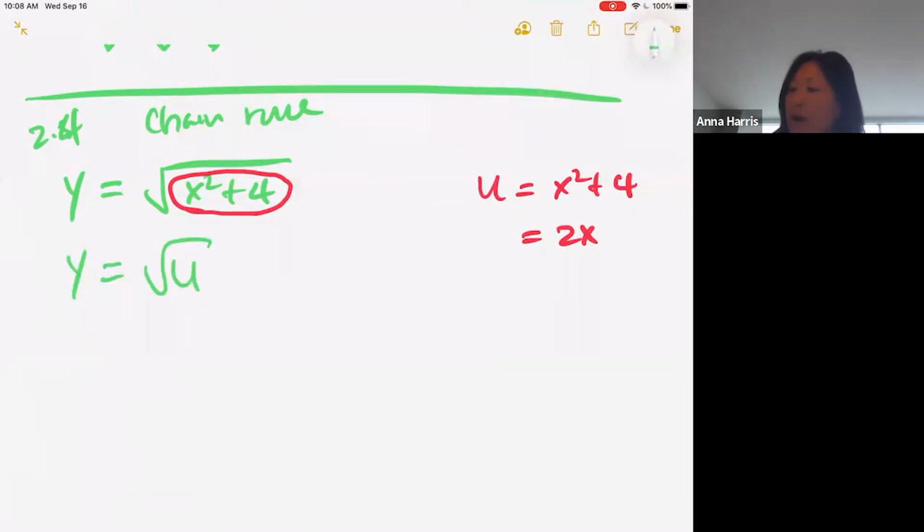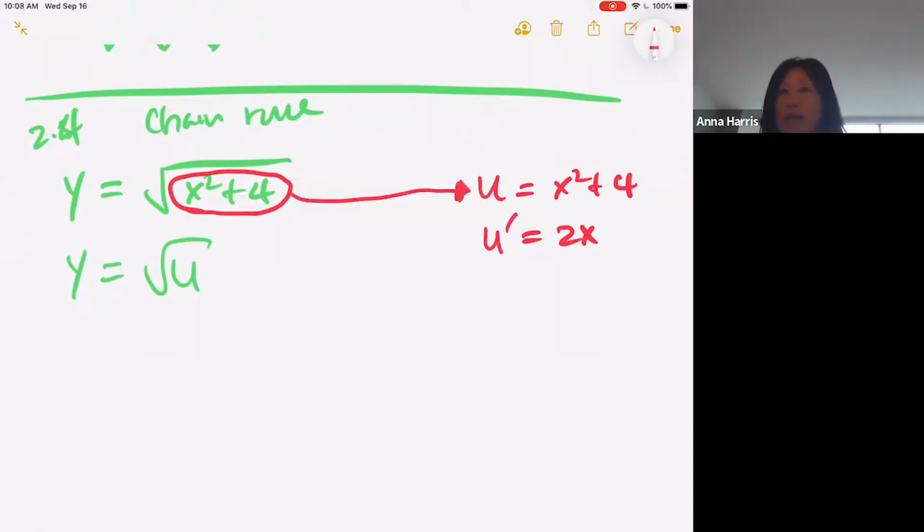I'm doing a u substitution fast. It's a chain rule. That's why it's called chain rule. I'm gonna put that as my u because I know how to take the derivative of x squared plus 4. So u equals x squared plus 4, and then the derivative of that would be 2x.